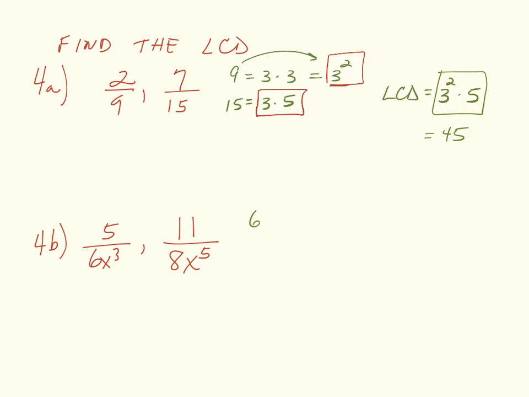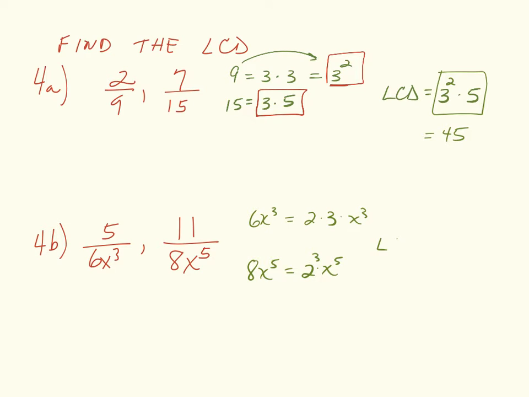So we have 6x to the third and 8x to the fifth. Well, the 6 really factors to 2 times 3, and x to the third is just x to the third. The 8 factors to 2 to the third power times x to the fifth.